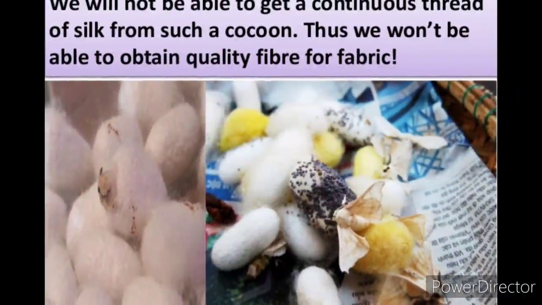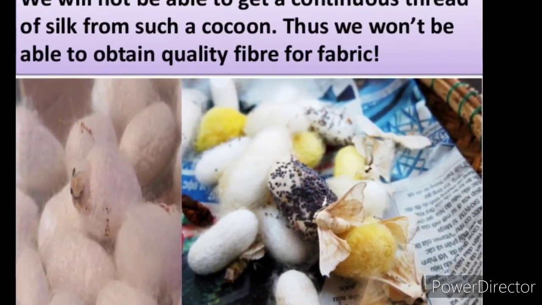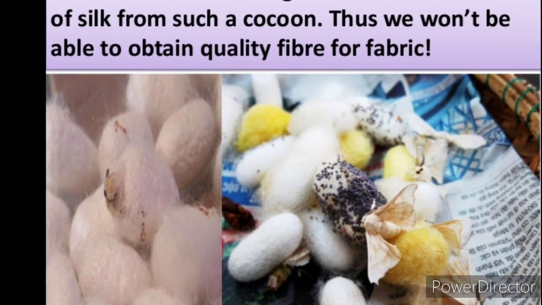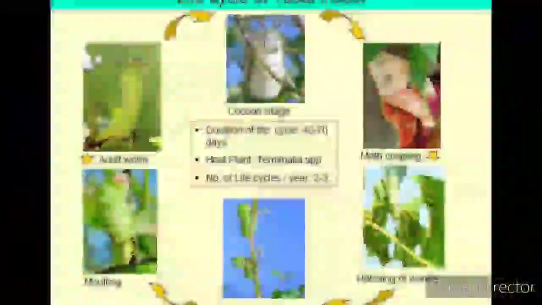Then when it is useful, they take that and make a fine fabric from it. Cocoons like this one are spoiled, so they can't give us a quality thread.